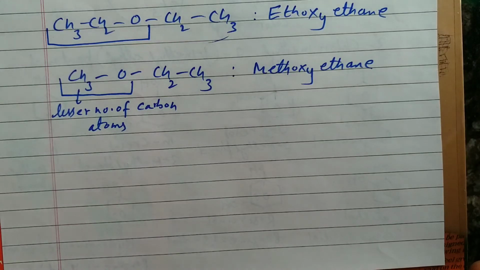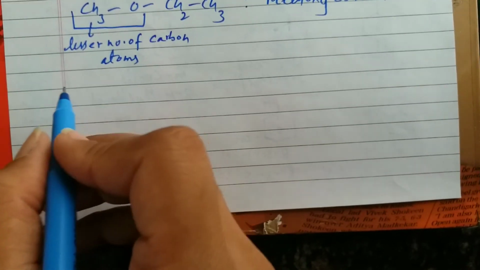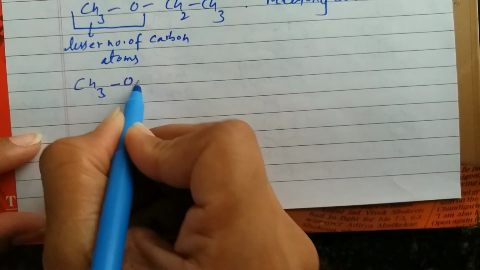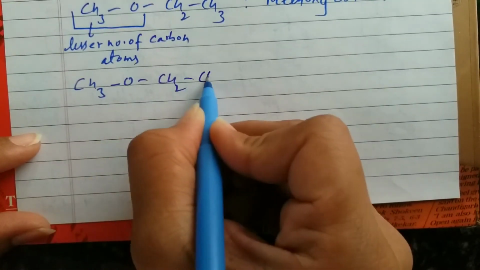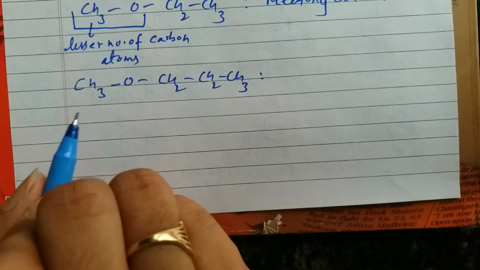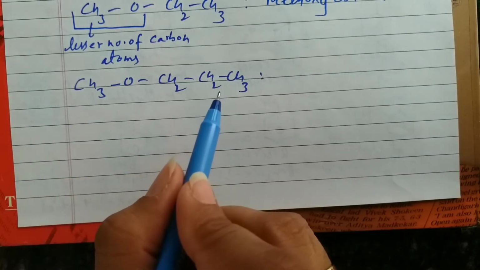Okay, let's take now more examples of ethers. Now if you see this ether, again there are two different groups. Left side contains 1 carbon, right side contains 3 carbon atoms. So if you apply the rule, which one is to be taken with oxygen?